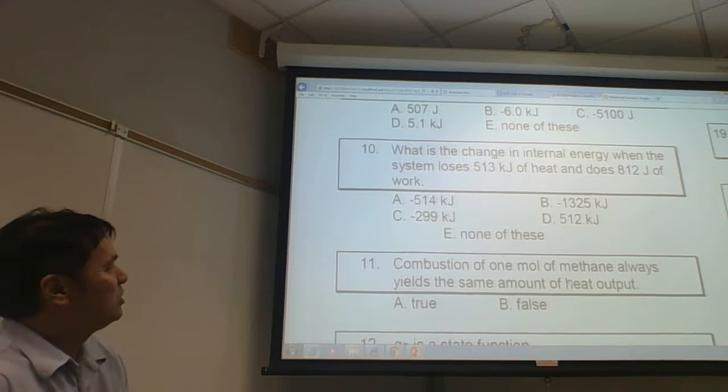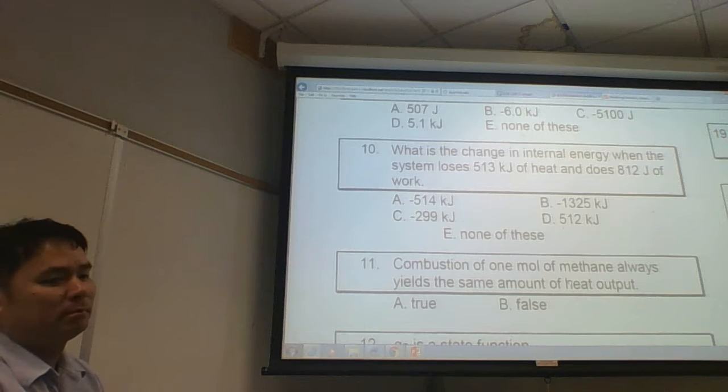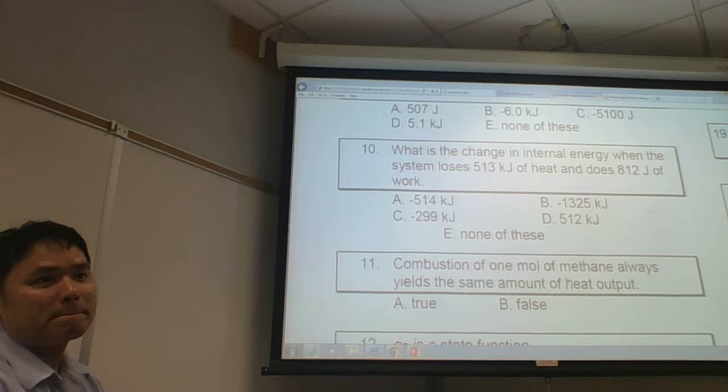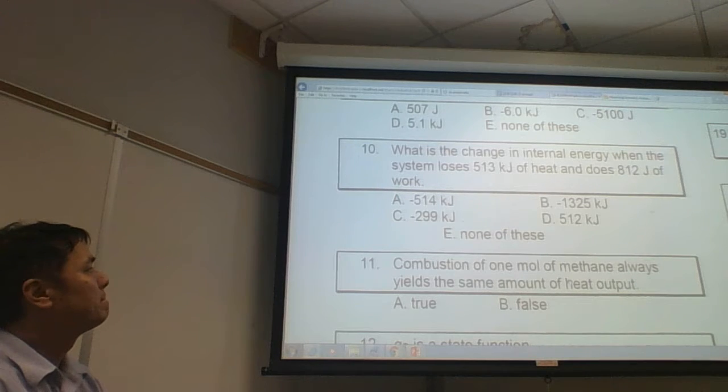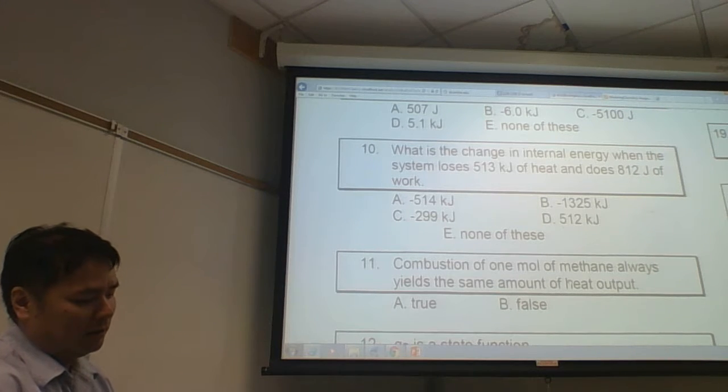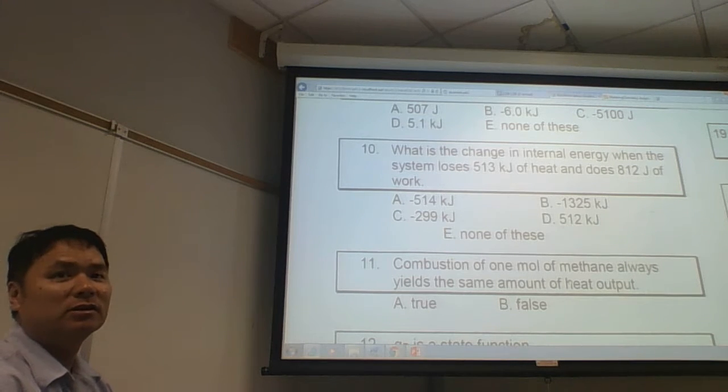So the internal energy is the heat plus the work. Then you have to convert them both to either kilojoules or joules. In this case, kilojoules. When you're going through tests quickly, you have to watch out for certain things.